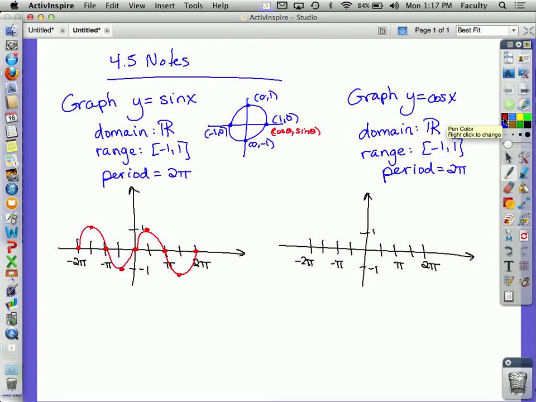So then cosine of 0 is 1. Cosine of pi over 2 is 0. Cosine of pi is -1. Cosine of 3 pi over 2 is 0. Cosine of 2 pi is 1. And then you just continue the pattern.